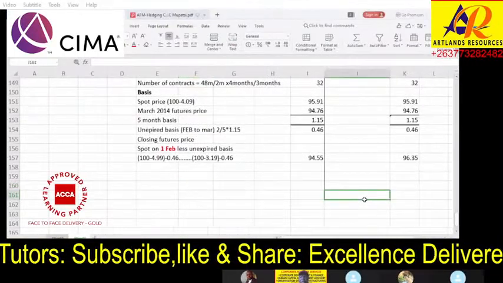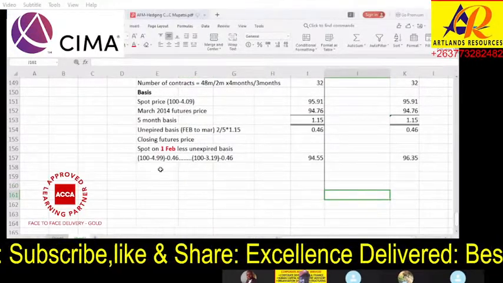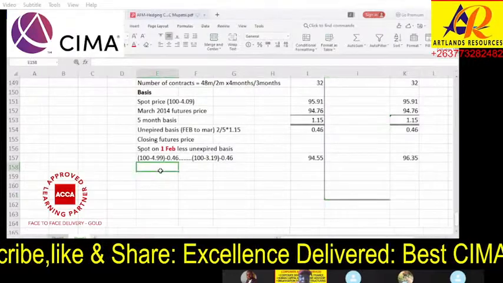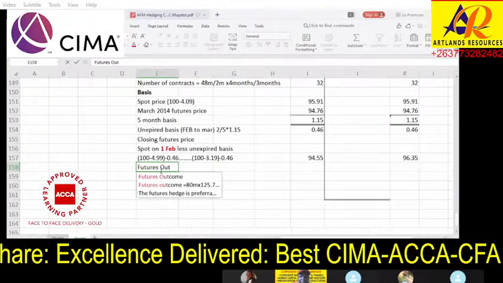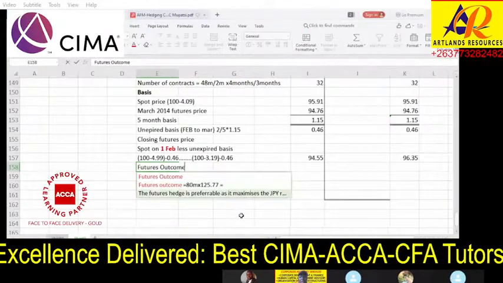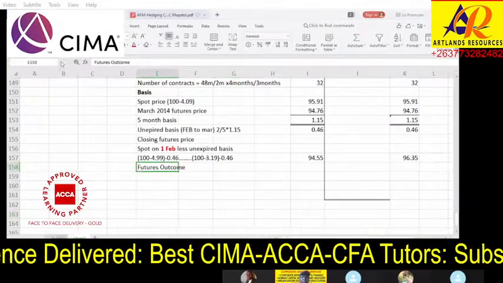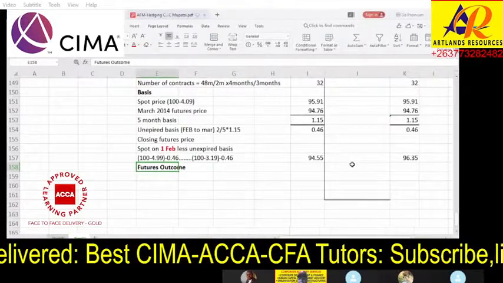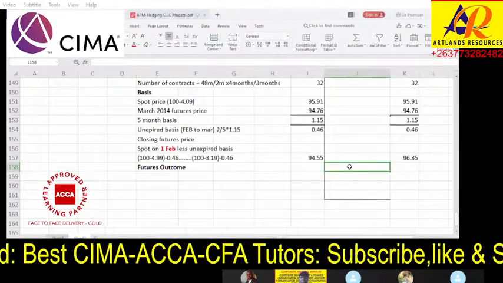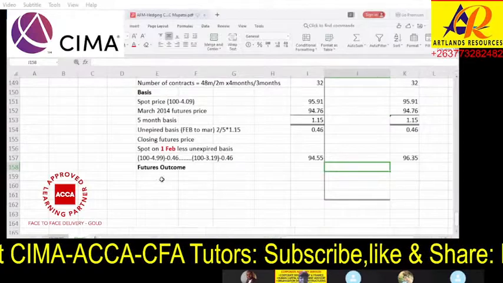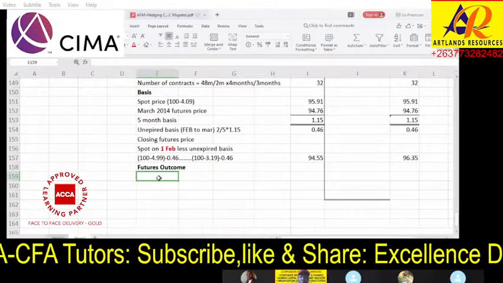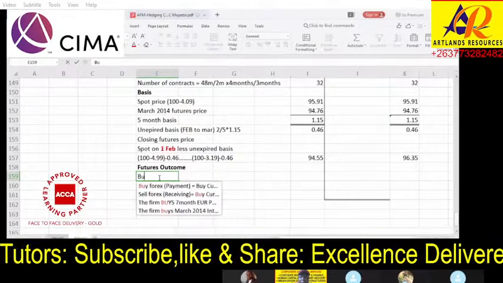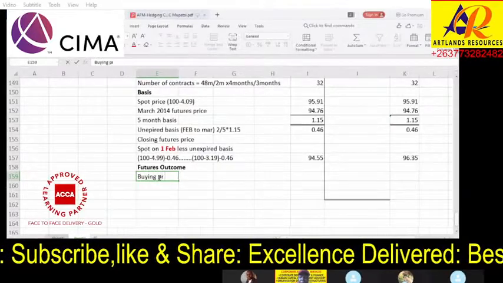Okay. So once we have done this, we are now saying futures outcome. Here is how futures outcome will look like. Here you say buying price. You ended by buying, so you say buying price.